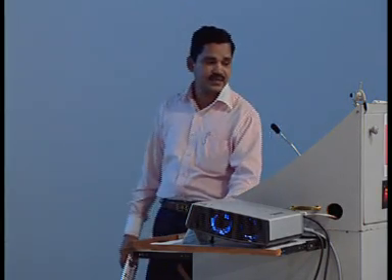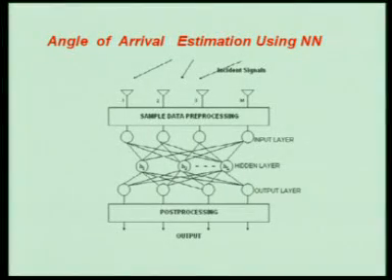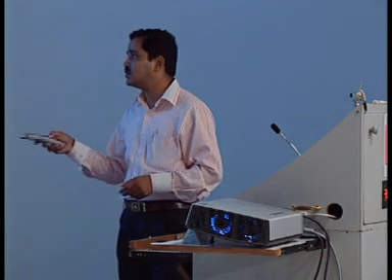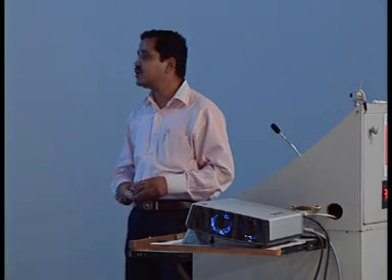Those two particular things can be solved by neural network technique for real-time operation, right? Whenever you are using a neural network technique, you need some sample data, and after getting this signal, you do the sample data processing here, and that is applied to the input layer of this neural network, and after post processing you are finding out the output.